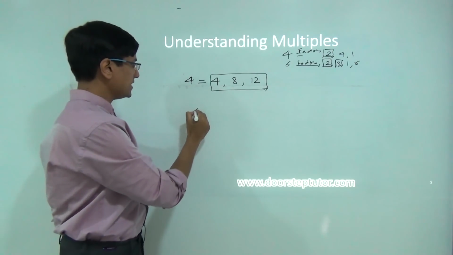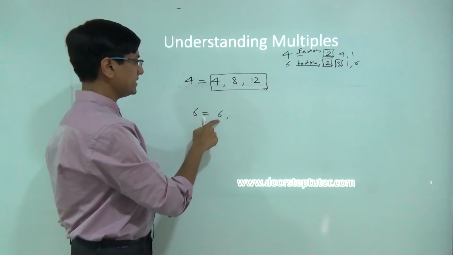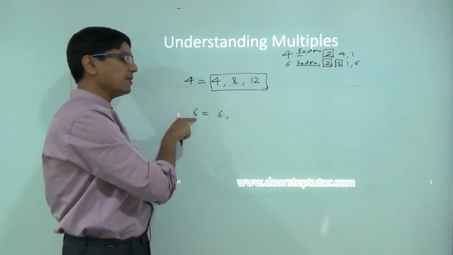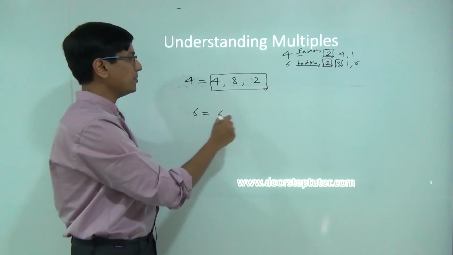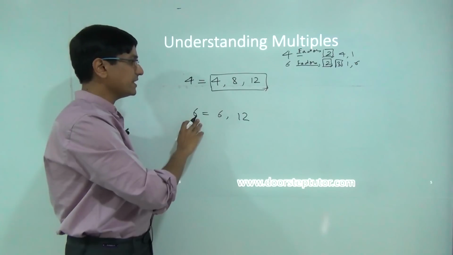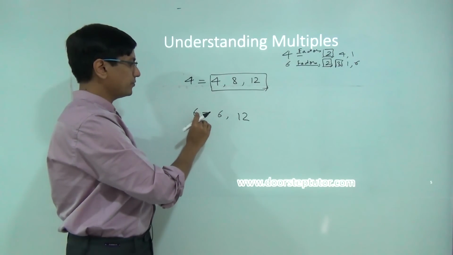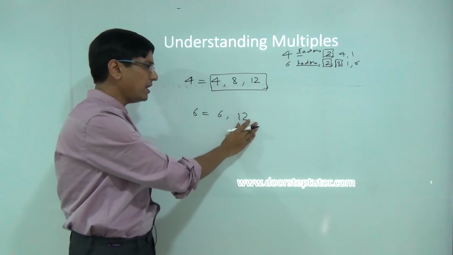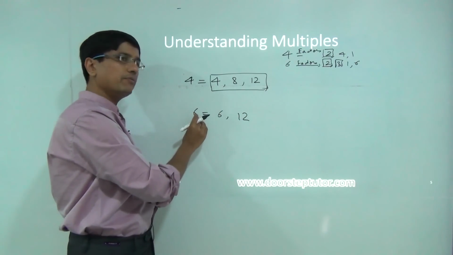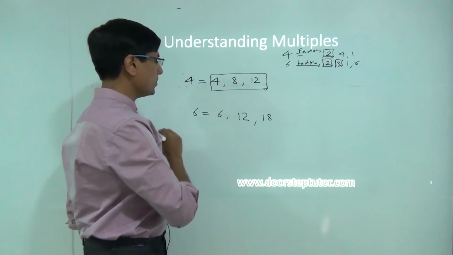Let's take the multiples of number 6. 6 is completely divisible by number 6, and so 6 is a multiple. 12 divided by 6 is 2, so 6 completely divides number 12, or 12 is completely divisible by 6, and hence 12 is a multiple. 18 is a multiple of 6.